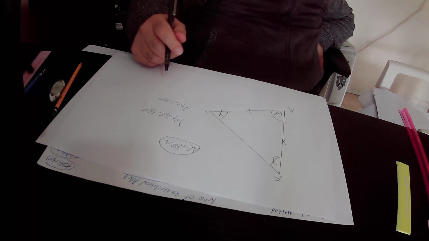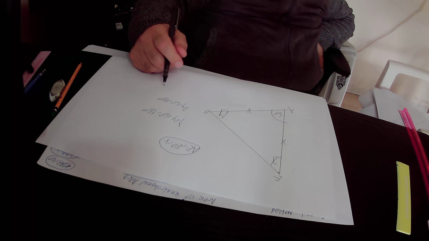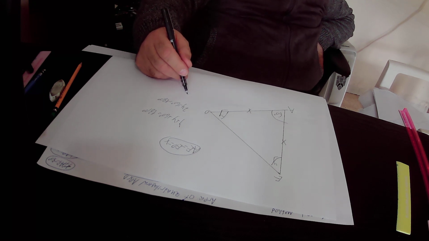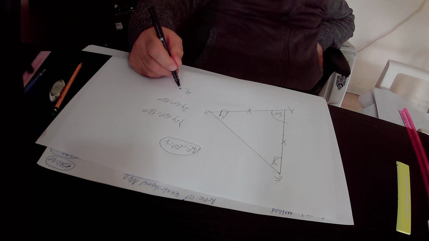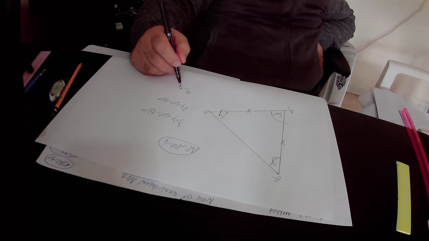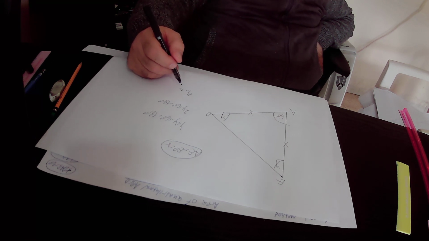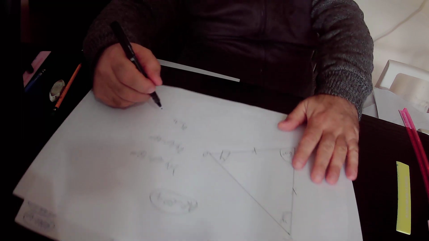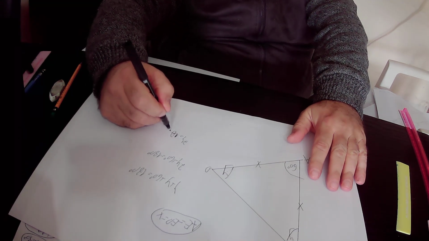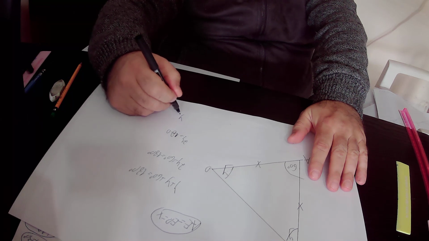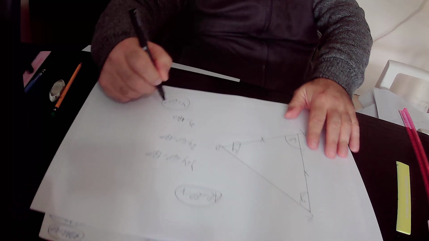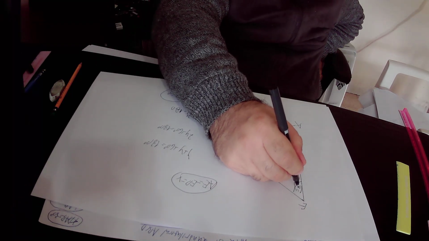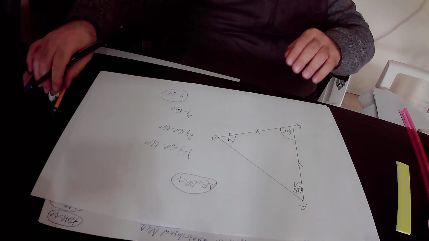We subtract 60 degrees, and we get 2y equals 120 degrees. We divide this equation by 2 and we get that angle y equals 120 degrees over 2, which is 60 degrees. So we found out that this angle equals 60 degrees, and this angle, angle y, also equals 60 degrees.